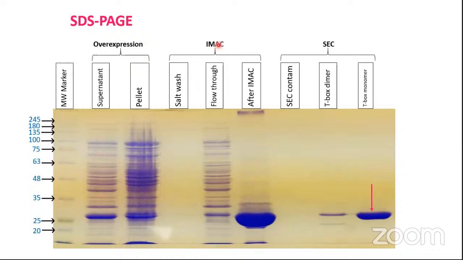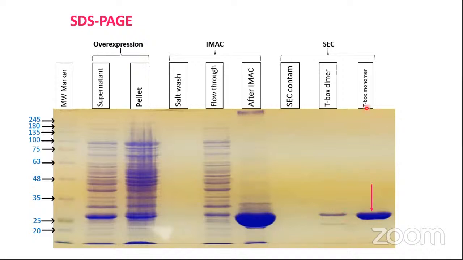Then after the immobilized metal ion affinity chromatography, this is the result. So we can see that most of these proteins have been purified. However, there are still some contaminating bands that may have resulted from non-specific binding. And to remove those bands, that is why we employed size exclusion chromatography. Under reducing conditions, the dimer was shown to be 2 reduced monomers, each of 25 kilodaltons.